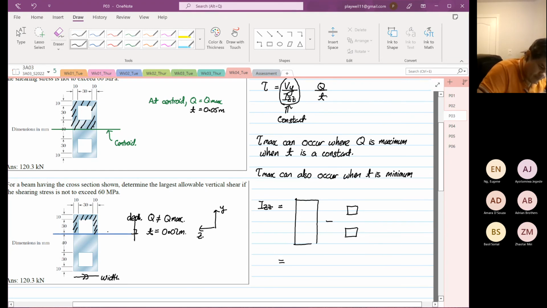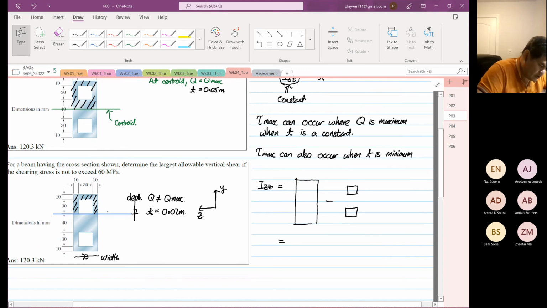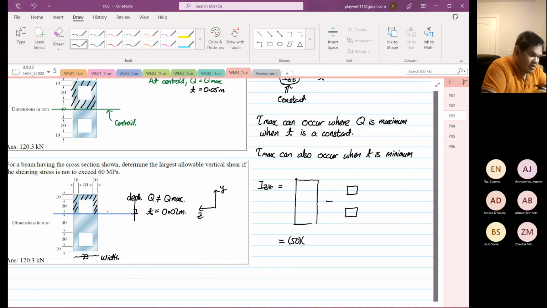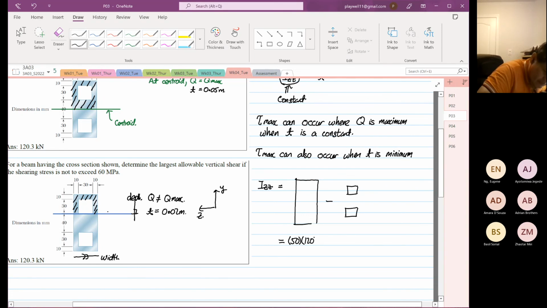So the width is equal to 50. The depth is equal to 40 plus 60 plus 20, which is 120. So 50 times 120 cubed divided by 12, minus the two boxes. I need a 2 in front because you have the top hollow square and the bottom hollow square.